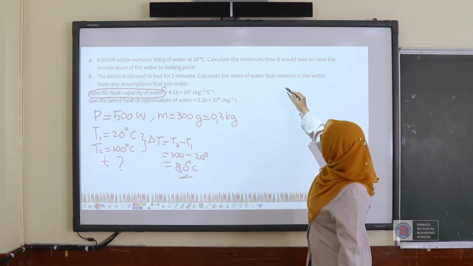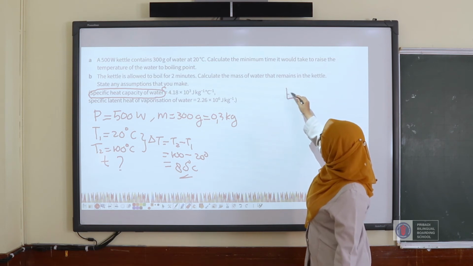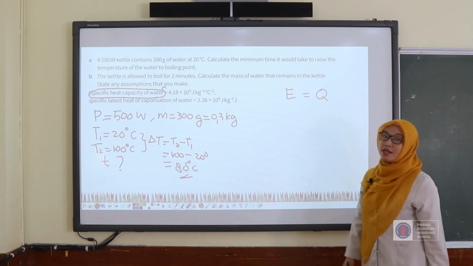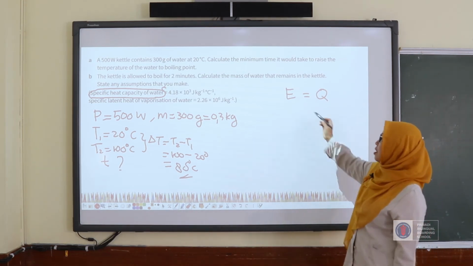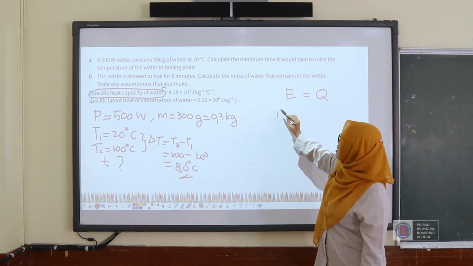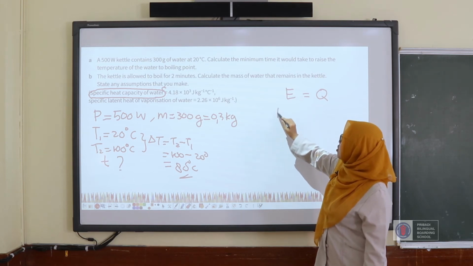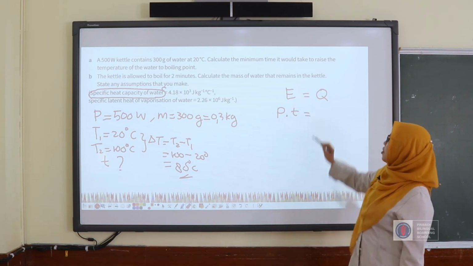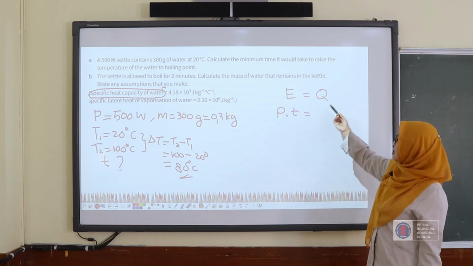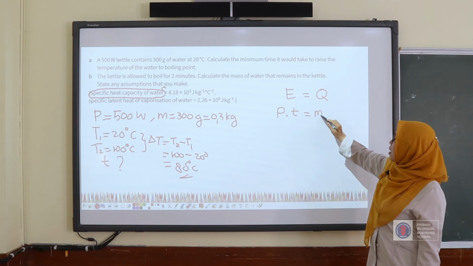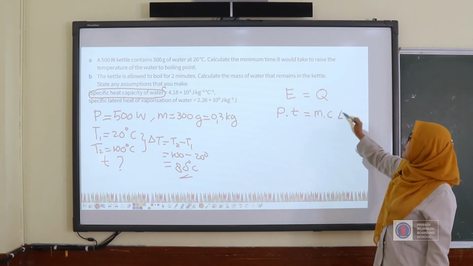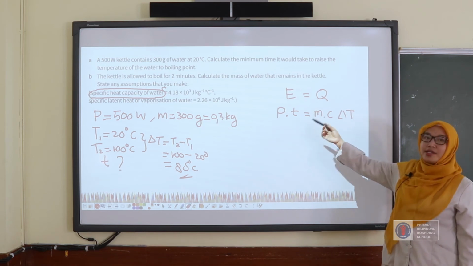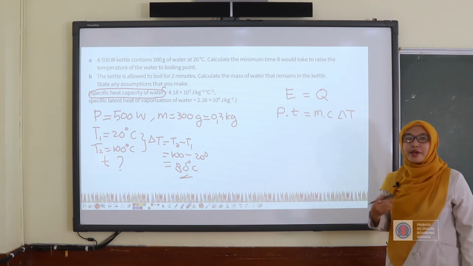Electrical energy, suppose it as E, equals to heat energy. And for the electrical energy itself, we can use the equation E equals to the power multiplying with the time. While for the heat energy, we can calculate it by using the equation m times c times delta T.